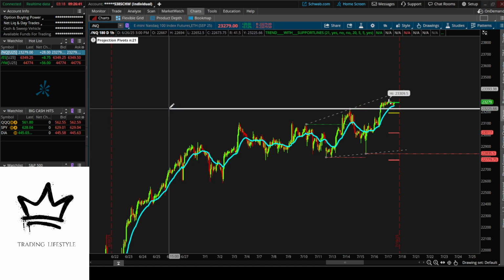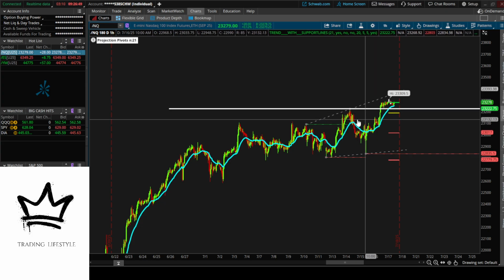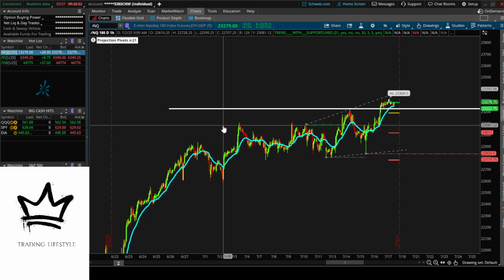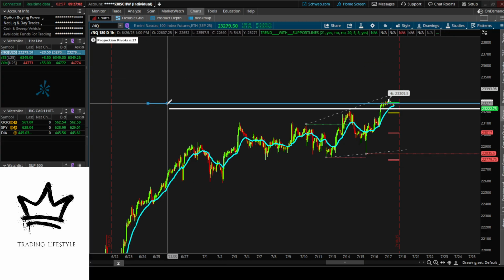Now, if this thing breaks under that, we have these lows here, which were yesterday's lows, plus we have this nice gap area. Me personally, I like to use my system. This system is telling me that something is up in here, last highs previously before that. So I'll probably put that there as well.